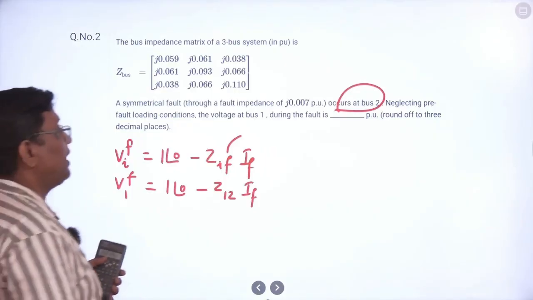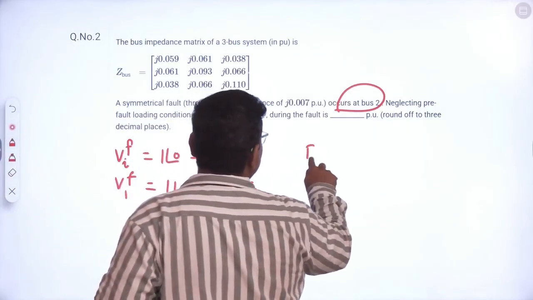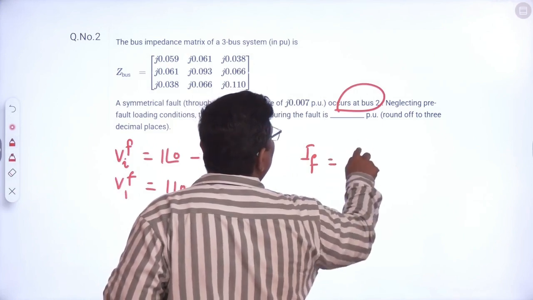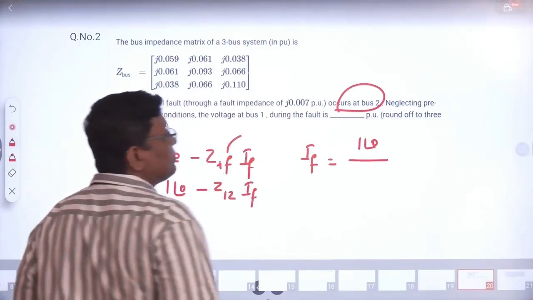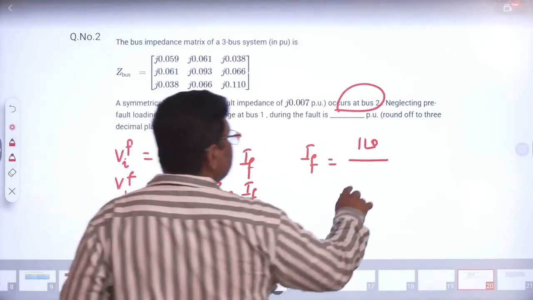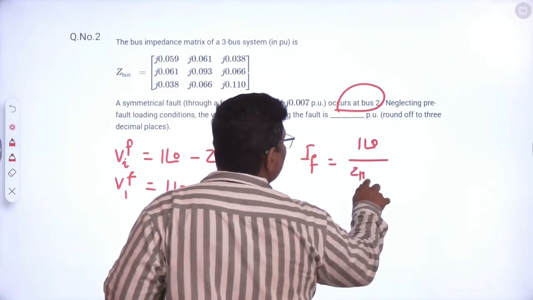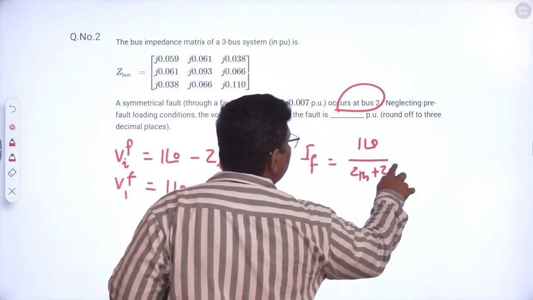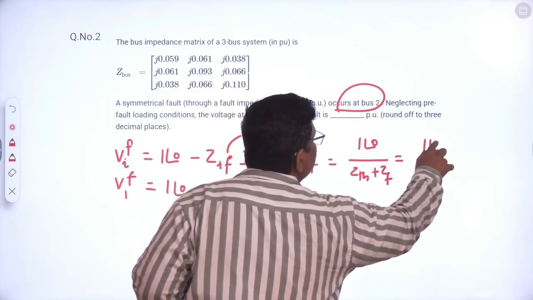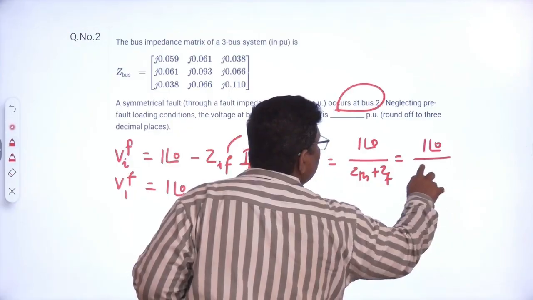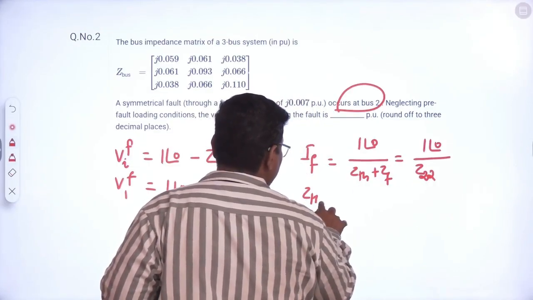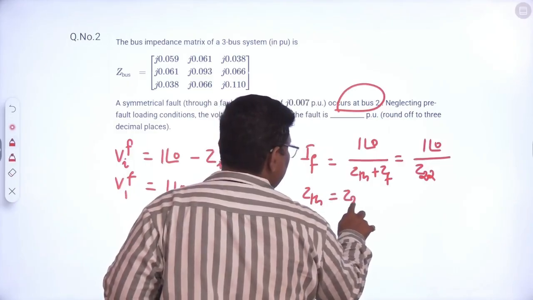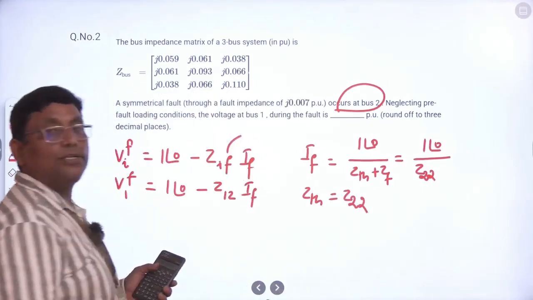So first of all, find the value of I_F. I_F is equal to 1∠0°, the pre-fault voltage, which by default is 1∠0°, divided by Z Thevenin plus Z_F. So 1∠0° divided by Z22. Why? Because the fault occurs in the second bus, so the Thevenin impedance is Z22.